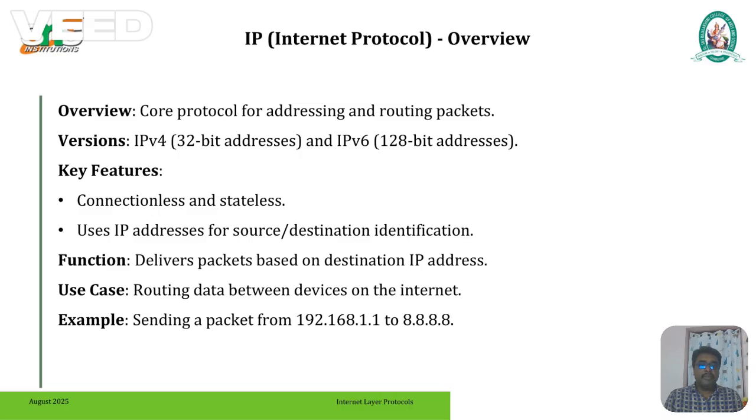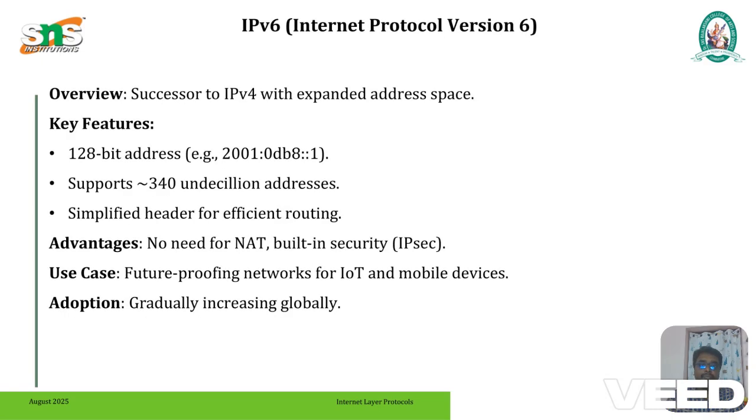For example, if we are moving data from one system to another, both systems will have IP addresses: the sender will have an IP address, and the receiver will have an IP address. This internet protocol helps to move these data packets from the source IP address to the destination IP address.